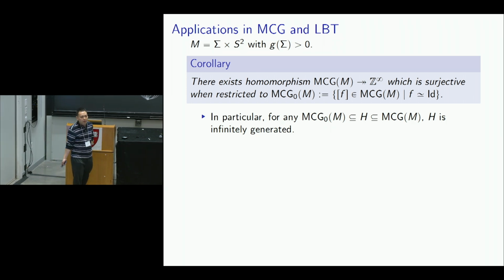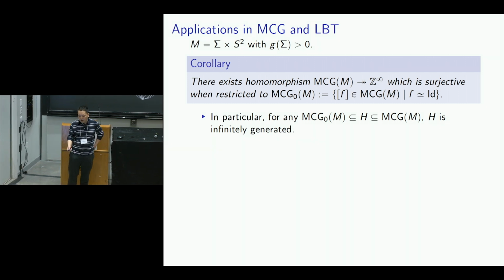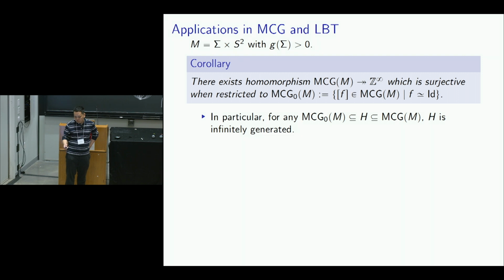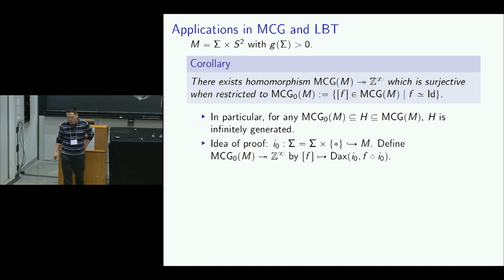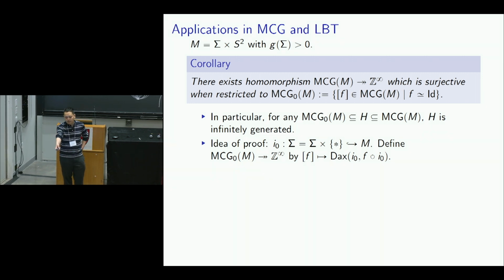This doesn't happen in lower dimensions. It happens in dimension 4. And the idea is also not hard. You just consider this standard embedded surface I0, and you consider the relative Dax invariant between I0 and F of I0. That gives you a homomorphism from MCG0 to Z infinity.